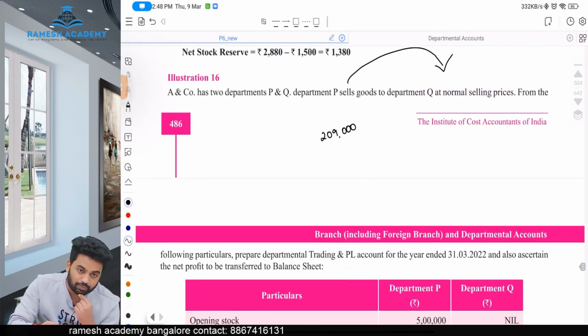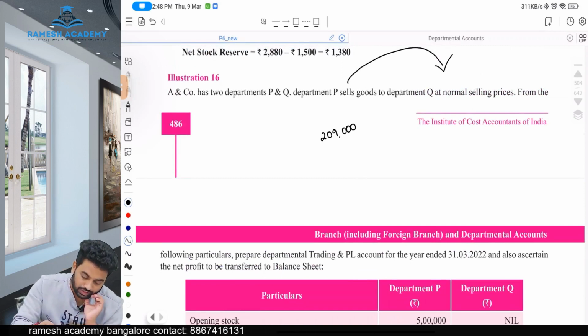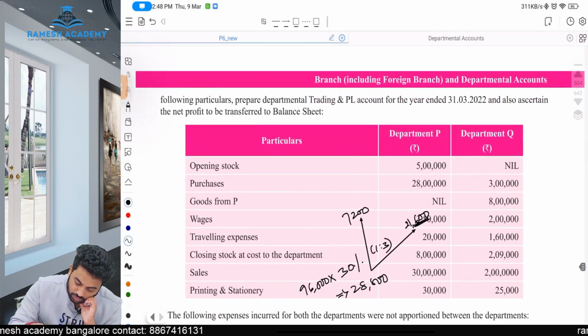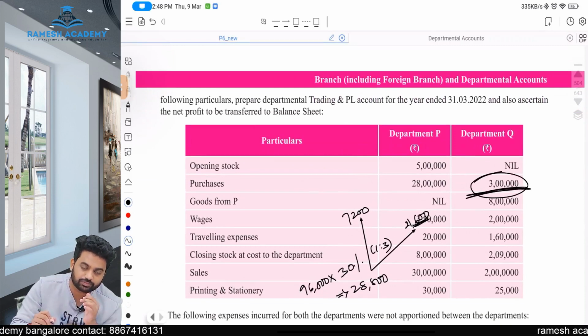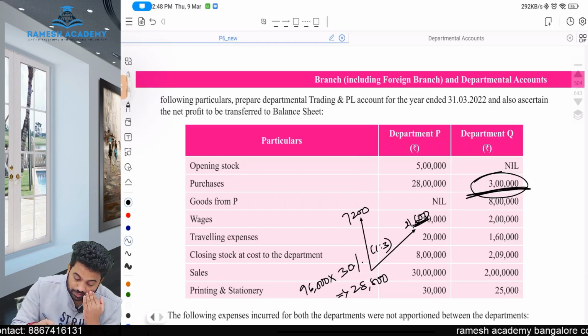So can we apply the percentage on this? No. Why? Because there is a separate purchase by Q. Even Q on its own is making some material purchase.